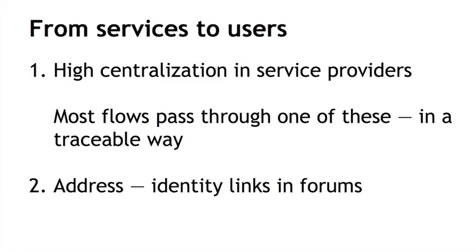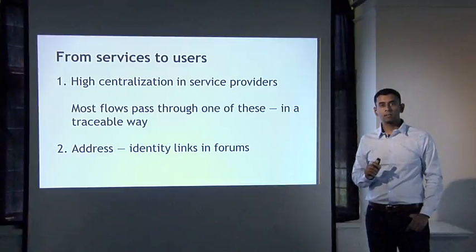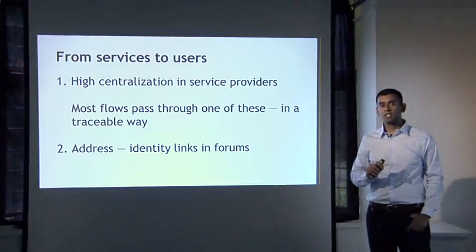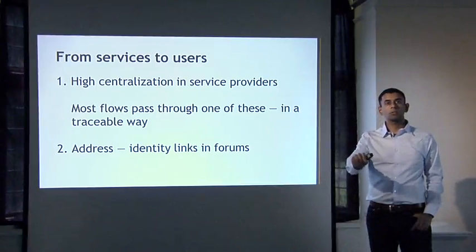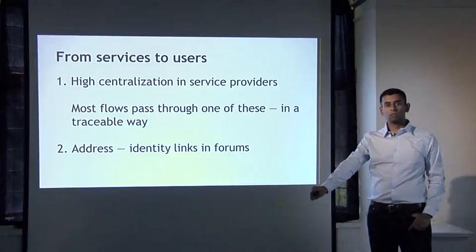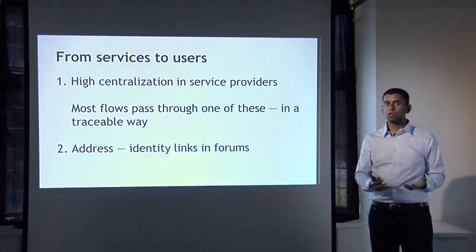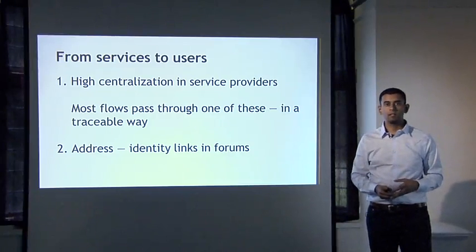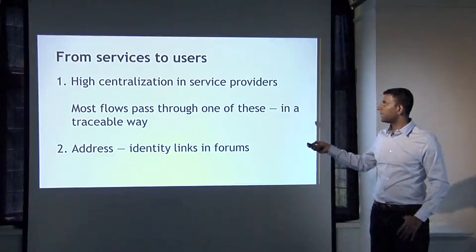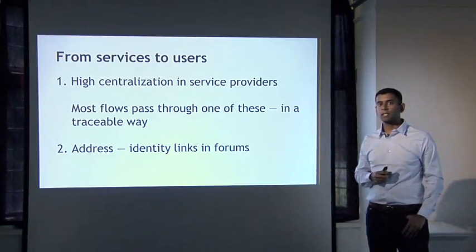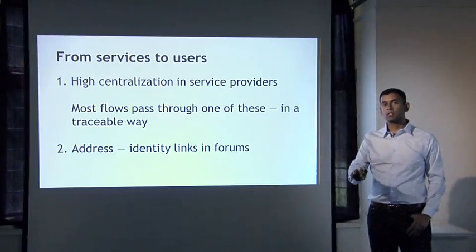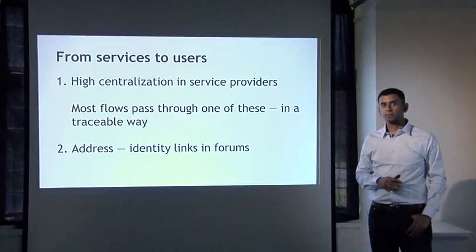So if somebody wants to identify a cluster corresponding to a particular user, there's a very high chance that they're going to be able to identify a transaction that ties that cluster with a known labeled cluster, and then they can go to that service provider, and if they have the appropriate authority, subpoena that service provider, or if they're a hacker, try to hack into that service provider, and so on. And so this is one major avenue in which regular users can get de-anonymized because they eventually inevitably interact with one of these major easily identified service providers.